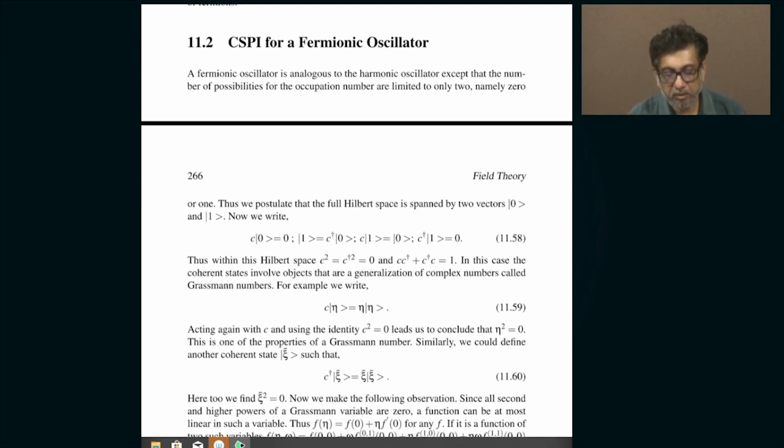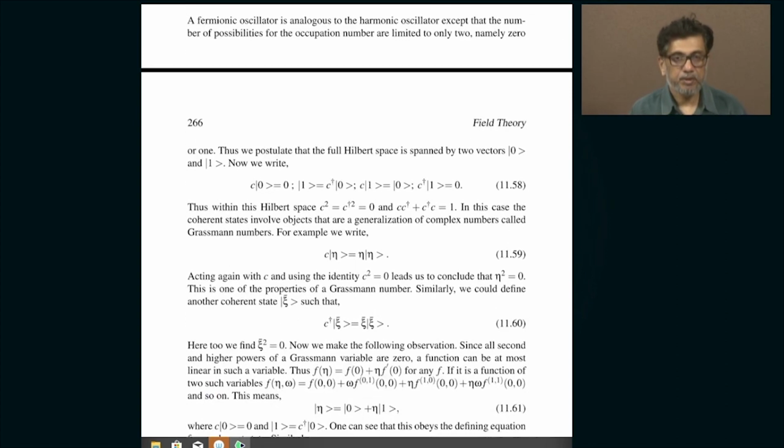So now we are stuck, because we need a classical Lagrangian to do path integrals, but there is no classical system as such. So, we have to cook up something, and that will involve using some very strange mathematics.